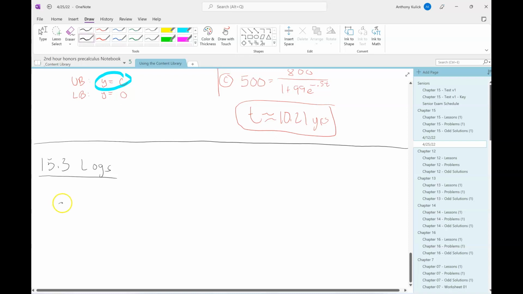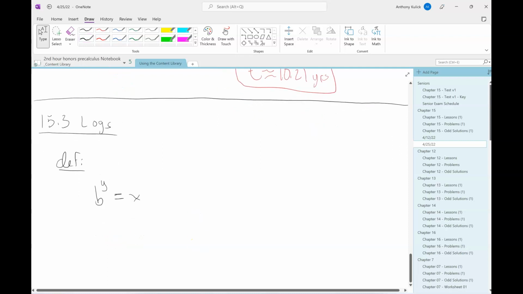All right. So let's start with our definition of a logarithm. Let's say we have some exponential equation, B to the y is equal to x. I know for an exponential equation that b has to be a positive number not equal to 1, right? That was one of the requirements for our exponentials.